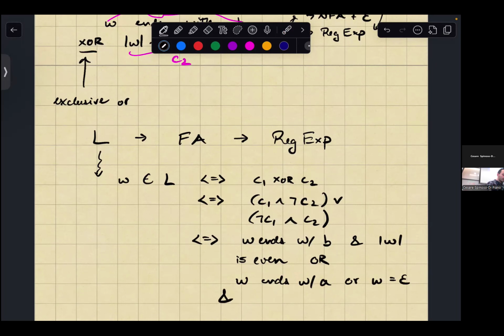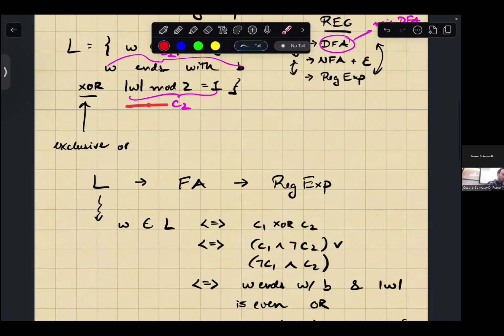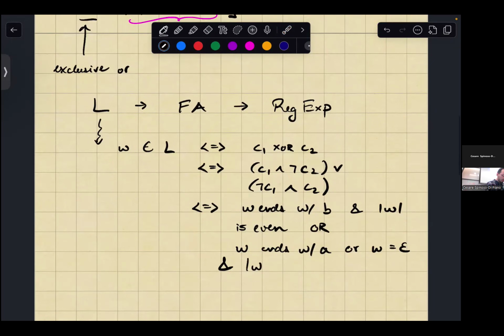And C2 is satisfied, in which case the length of W is odd. But then that means that the string being the empty string is impossible, because the empty string has length 0, which is even and not odd. So this isn't a case to consider.